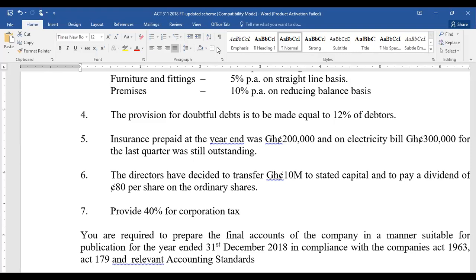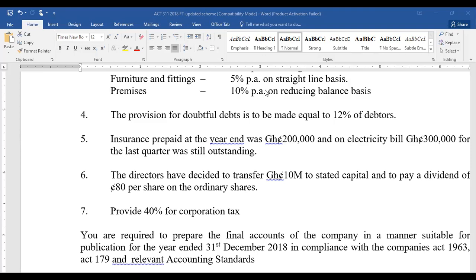All right. So they said the directors have decided to transfer 10 million to stated capital. And so therefore, you write there, transfer to stated capital, 10,000 in the first column.